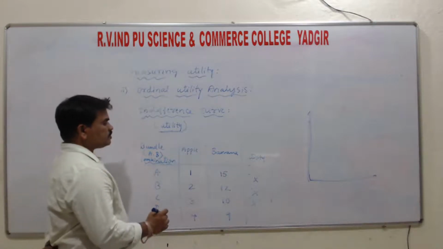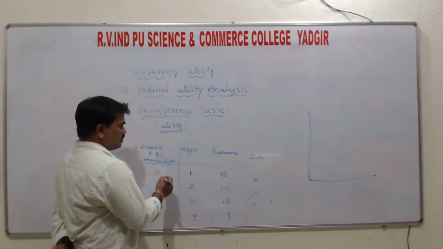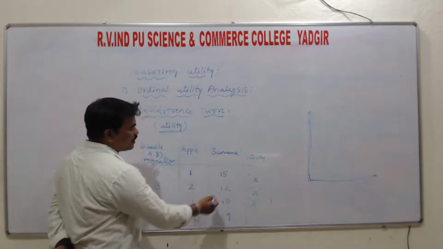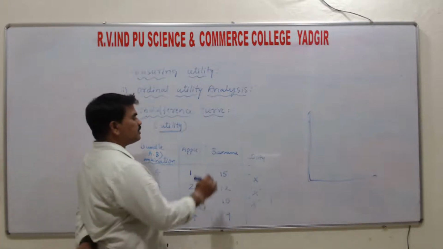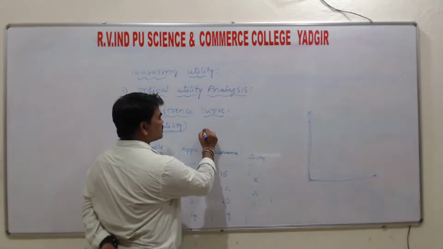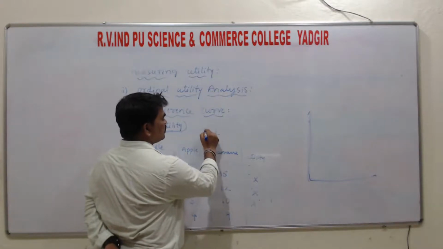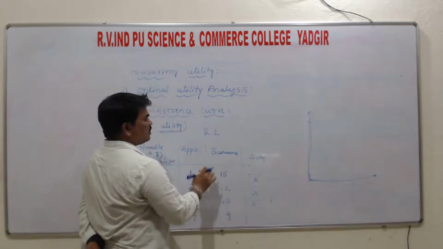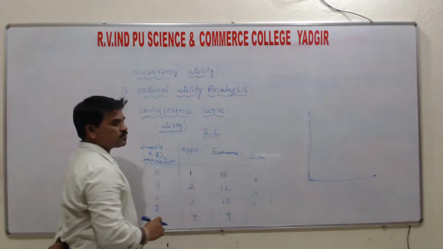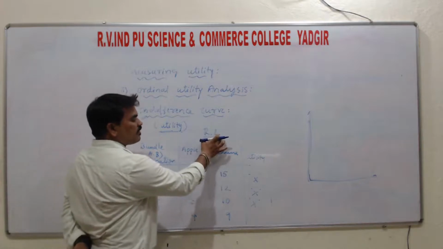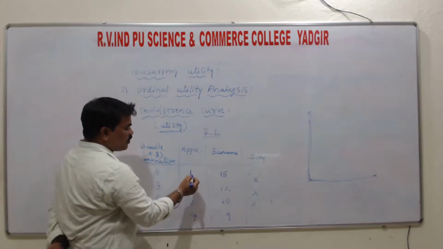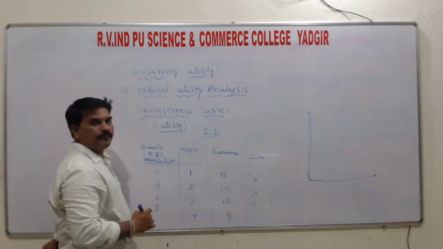So why can't he consume all the 4 apples and 15 bananas? We can't do that because, as we know, resources are limited. With this limited resource only, he has to select the combination with whatever available income. He can afford only one apple and 15 bananas.